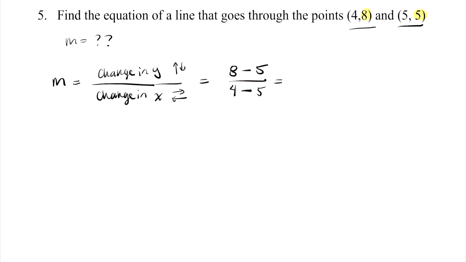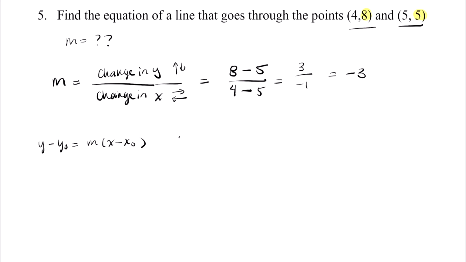Now we can compute. 8 minus 5 is 3. 4 minus 5 is negative 1. So our slope is negative 3. And you can use either point. It does not matter. So we're going to use our point-slope form. So that's y minus y naught equals m times x minus x naught.